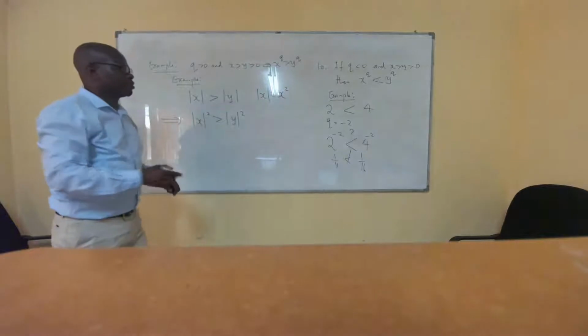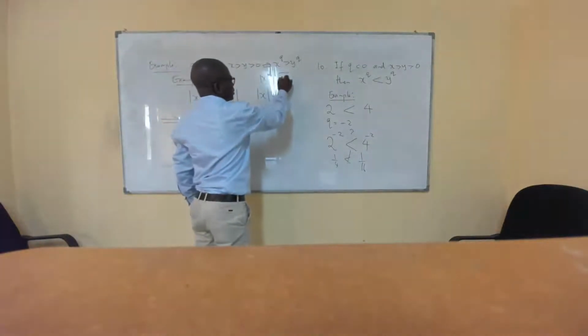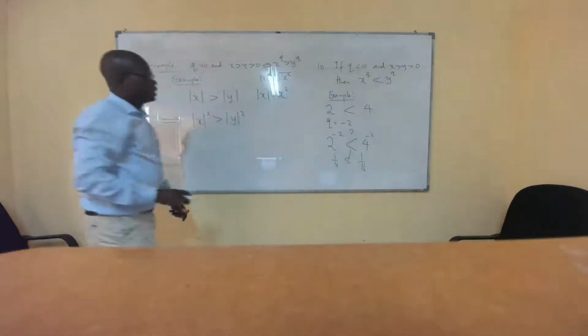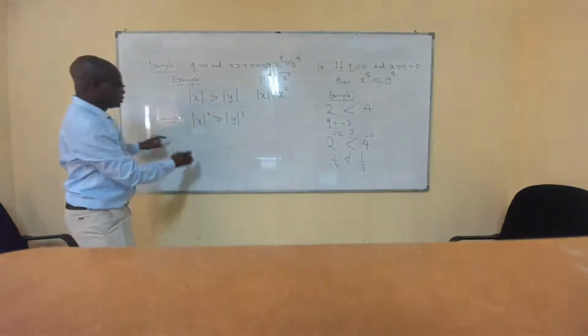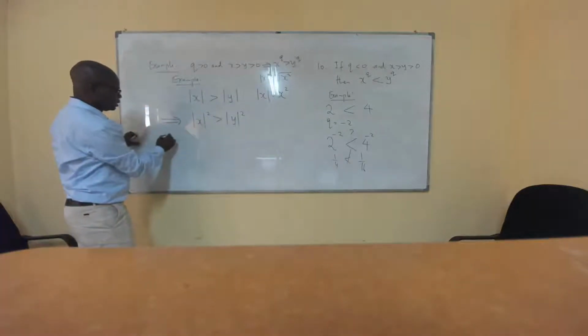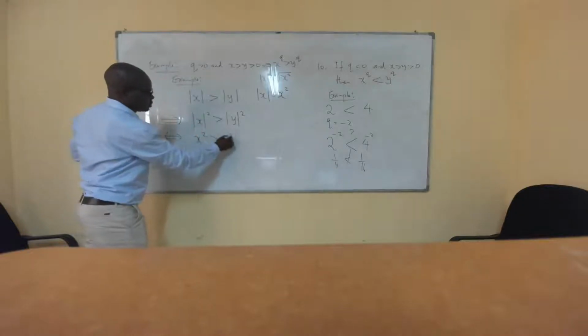It is coming from the fact that the absolute value of a number squared is equal to the number squared, so if you square both sides, you will get this. So instead of having this, I can therefore write this as x to the power 2 is greater than 1 to the power 2.